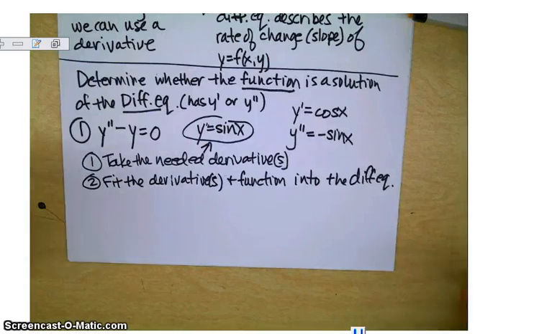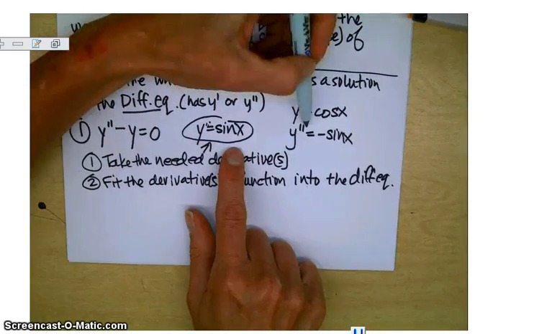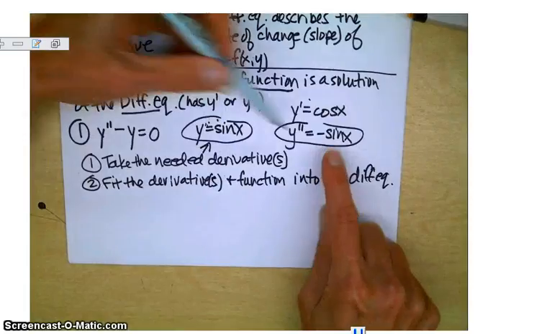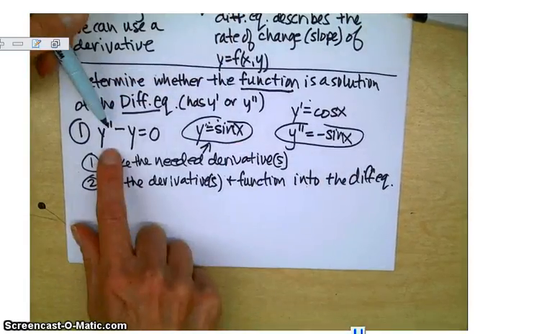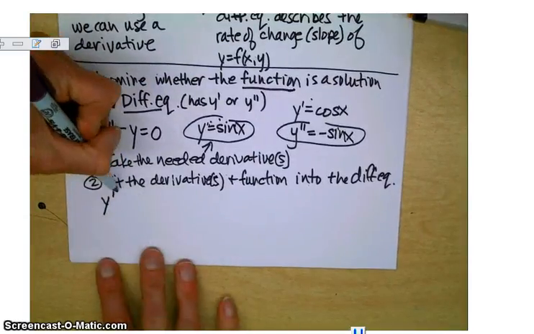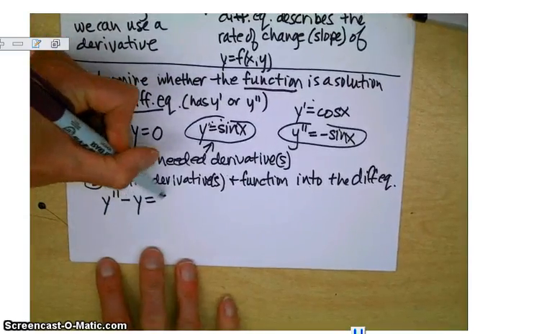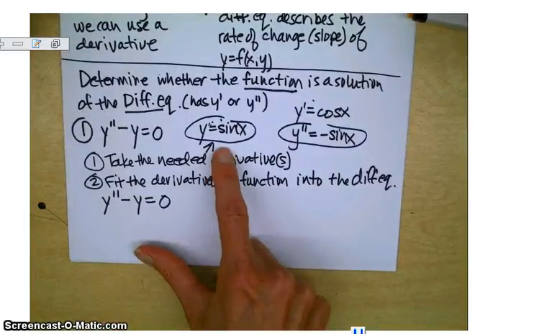So the second thing I'm going to do is fit these. I've got the function and the second derivative is what I need. I'm going to fit those using substitution into the differential equation that I'm given. So I start with my differential equation now. And I say, what was the second derivative of sine x?